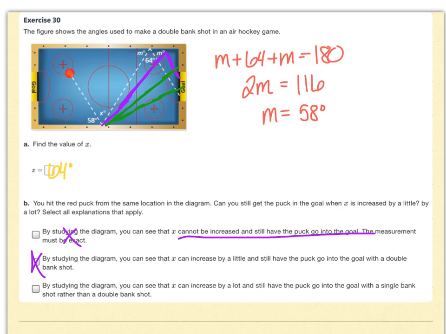And you can increase x by a lot and still have the puck go in the goal with a single bank shot. That would be true, but if you increased it too much, it wouldn't be a double bank shot. That's referring to this green line that I drew here. It's kind of hard to see, but if you increase it by a lot, you can still get it to go in, but it would have to be with a single bank shot versus a double bank shot.